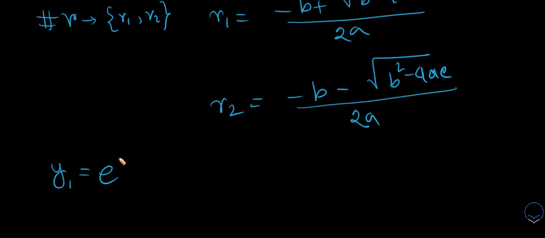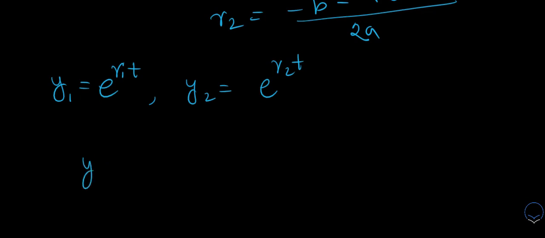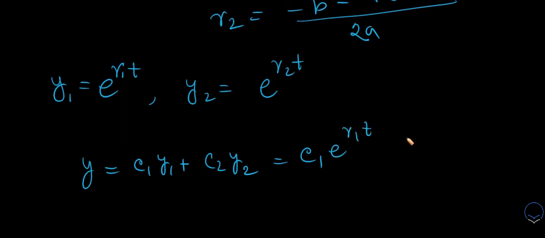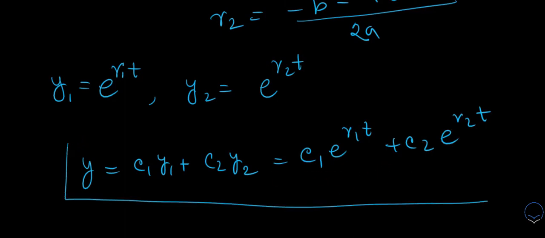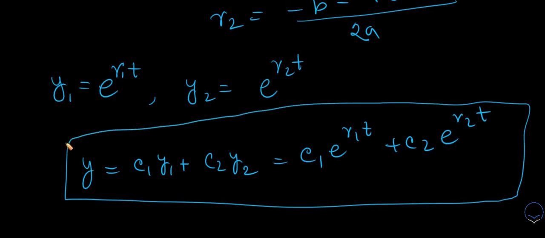Let's say y1 corresponds to the first root r1, so y1 will be e to the power r1t, and y2 would be e to the power r2t, and finally y will be c1 y1 plus c2 y2, right? You can write it as c1 e to the power r1t plus c2 e to the power r2t, where c1 and c2 are arbitrary constants, and this is the most general solution of a second order homogeneous ordinary differential equation.